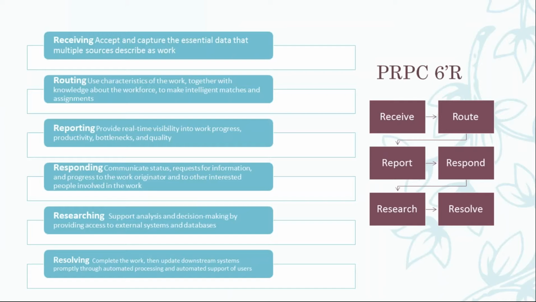So the concept Pega uses for achieving any business process work is these 6 R's. Okay, so this is receive, route, report, respond, research, and resolve. If you take any business scenario, say a hospital, when we go to the hospital, we provide our details: what the medical symptoms are, and whether there is any previous medical history.